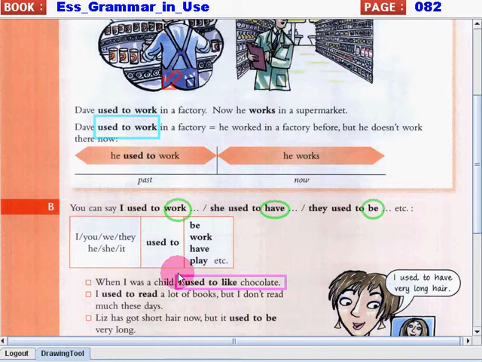It happened a long time ago. When the speaker was still a child, he or she used to like chocolate, but now not anymore.